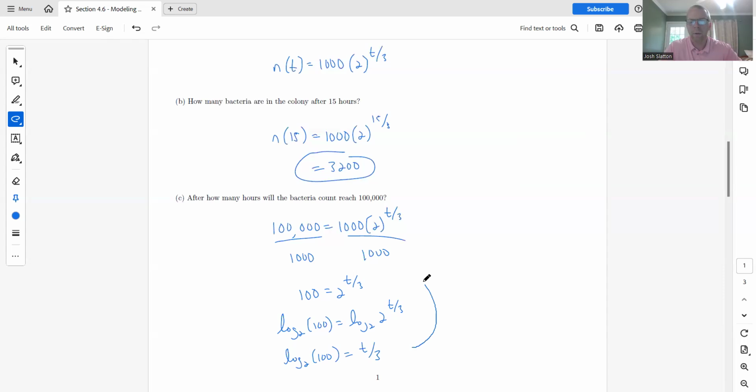Then we can multiply both sides by 3, and we get t is 3 log base 2 of 100, and that should come out to about 19.9. So after 19.9 hours, you go from 1,000 bacteria to 100,000 bacteria.